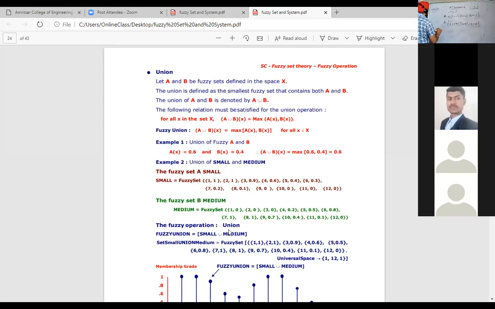So what is A union B? You will write the first member, 1. Here the degree is 0.3, here the degree is 0.4. You will take the maximum of the two. The maximum of the two is 0.4. Second element, 2. Here it is 0.4, here it is 0.6. You will write 0.6.